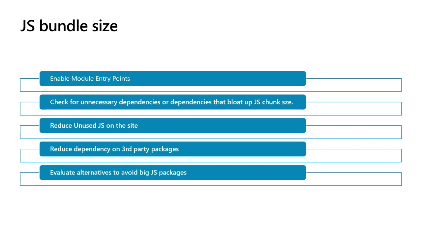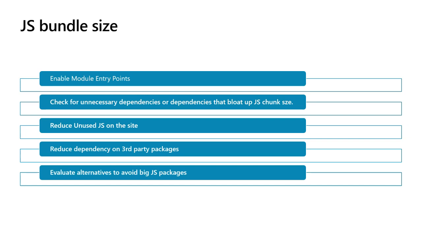Second, check for any unnecessary dependencies or dependencies that bloat the JavaScript chunk size. You can also consider reducing unused JavaScript on the site. The Commerce framework supports generating JavaScript bundles per module and loading only the bundles that are needed on a page. The enable module entry points platform setting enables the generation of a JavaScript bundle per module.